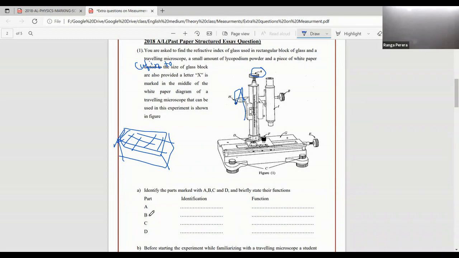What is B? Adjustment knob of the microscope.